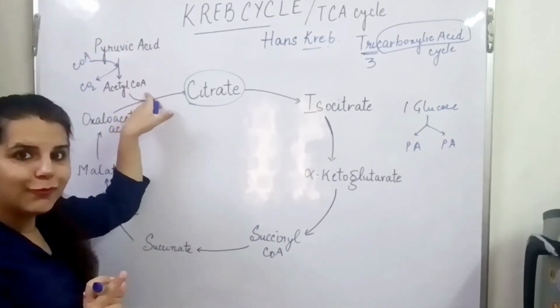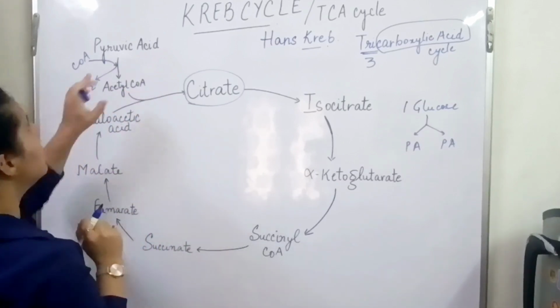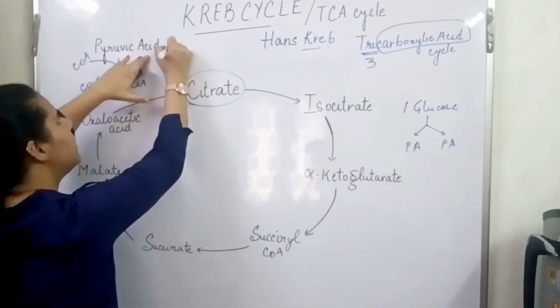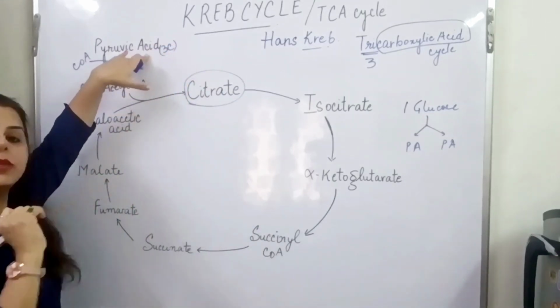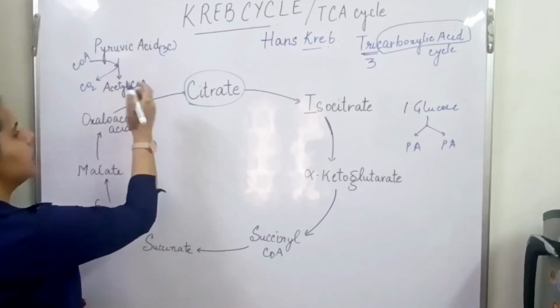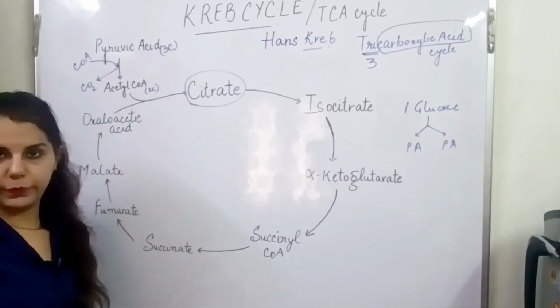Hence what is being formed is acetyl coenzyme A. Now this pyruvic acid molecule is a 3-carbon compound, but acetyl coenzyme A is a 2-carbon molecule.